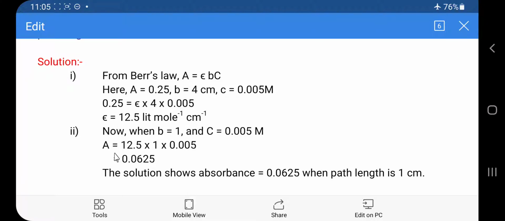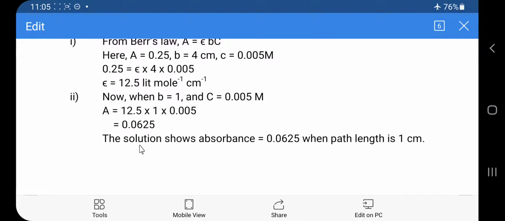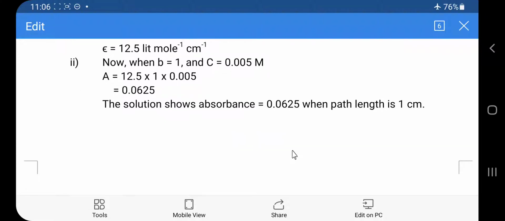From that we can calculate the absorbance, A is equal to epsilon into B into C, substituting the values of epsilon, B and C. So, 12.5 into 1 into 0.005, and the final answer, the final absorbance is 0.0625. The solution shows absorbance 0.0625 when the path length is 1 centimeter.